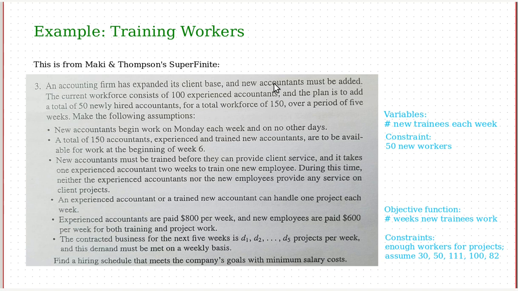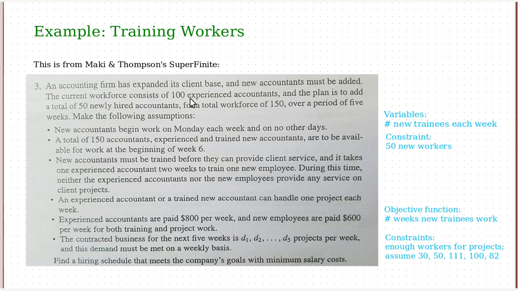So an accounting firm has expanded its client base, and they have to hire new accountants, okay? So they have 100 experienced accountants working for the firm, but they want to hire 50 new ones, right, to take on these new projects that they're getting. Now, they're going to hire the 50 new workers over a course of 5 weeks, and they're going to hire a certain number every week, starting Monday of each week.